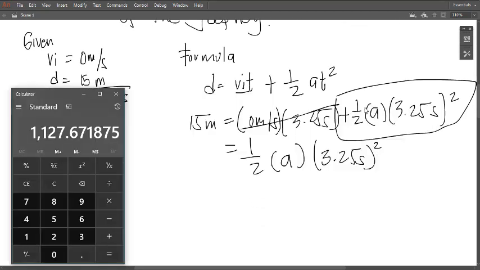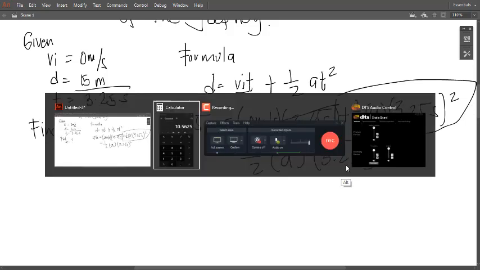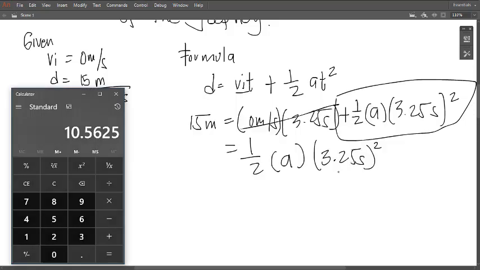Let us square first the time: 3.25 times 3.25. When you see this, you multiply the number by itself, which gives us 10.5625.